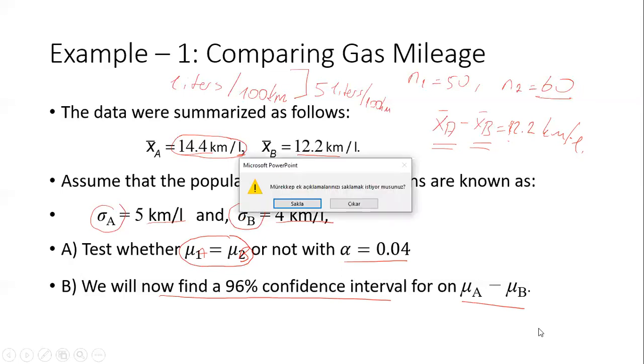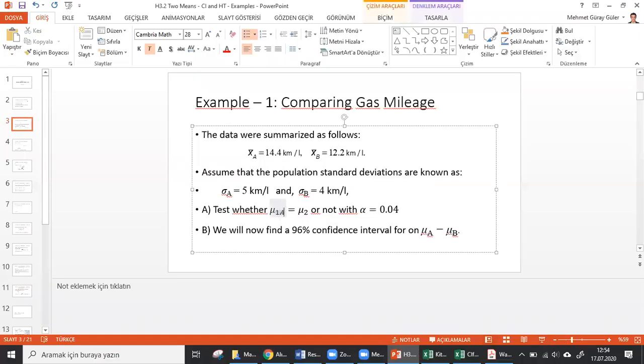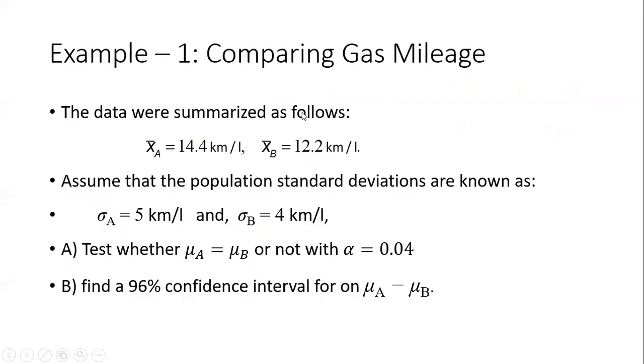Let me just change this so that we don't get confused here. Why do we need this test? I'm asking because we already see that x bar A minus x bar B is equal to 2.2 kilometers, right? Why do we need to test this one?